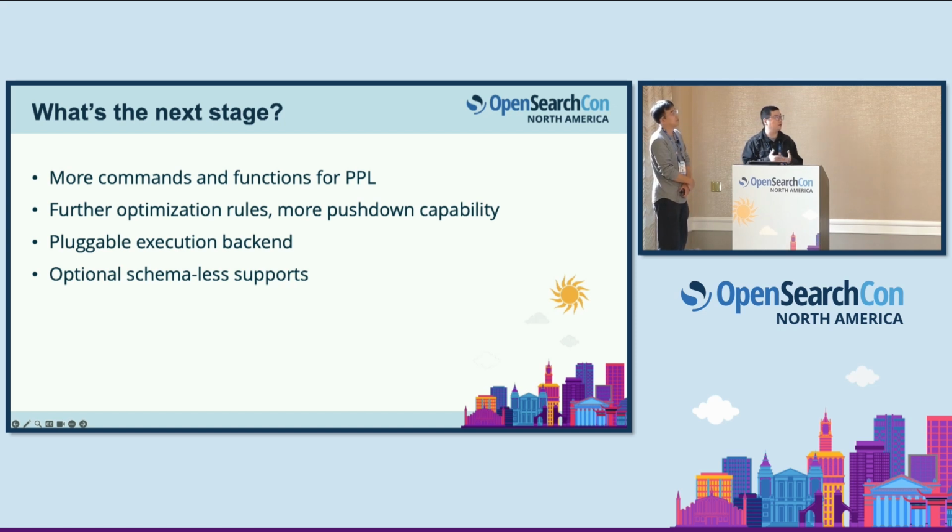Currently we still use in-memory execution, so we want to have different execution backends. And we also found a lot of comments about schema-less support. So currently with the Calcite strong schema system, we want to provide the option for schemaless support.